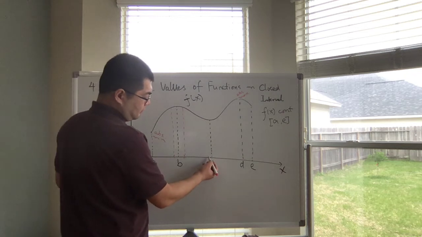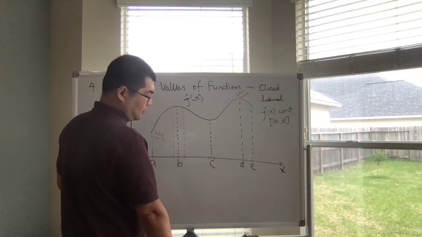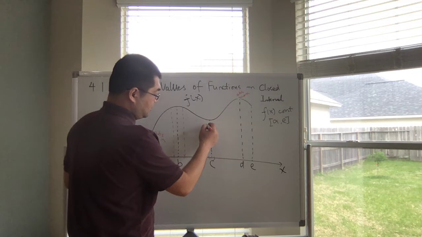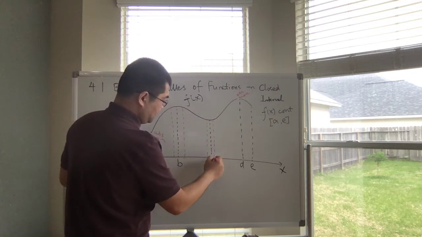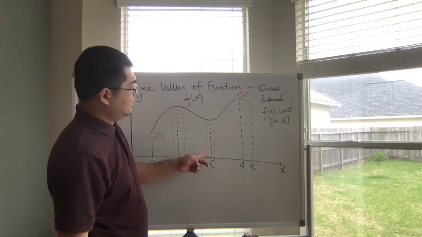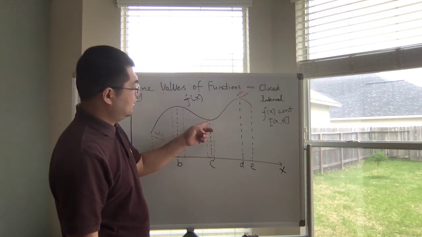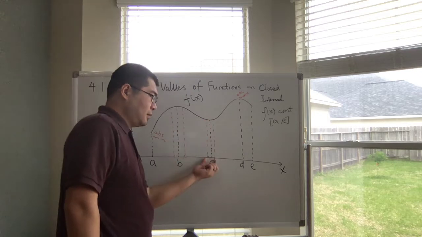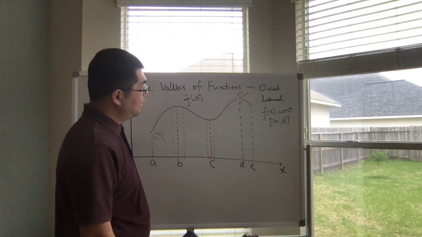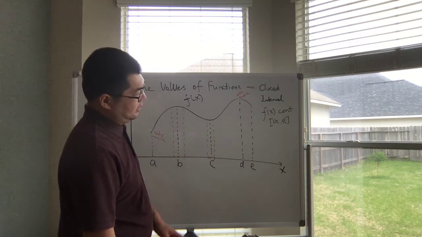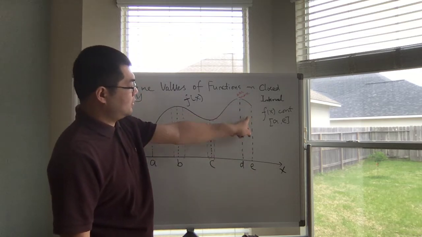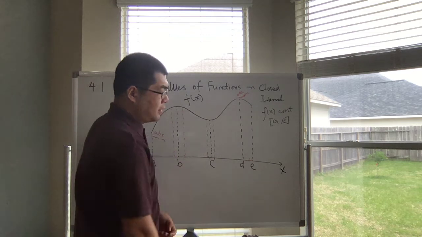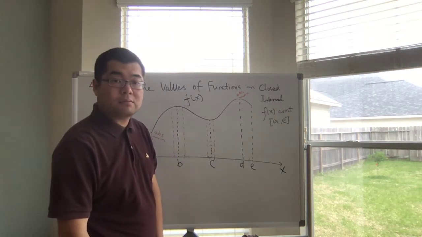Similarly, if we draw an interval around c, at x equals c, f(x) attains its smallest value, but only in this small interval. Similarly, at x equals e, it's the smallest one, but you have to put an interval there.